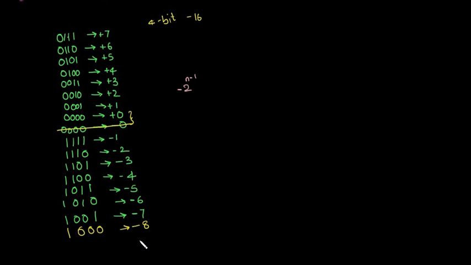So the negative range is -8, 2 power n minus 1 is 2 power 4 minus 1, that is minus 2 power 3 is -8, to the positive value, that is 7, that is 2 power n minus 1 minus 1. This is the positive value. This is the range of 2's complement values, minus 2 power n minus 1 to positive 2 power n minus 1 minus 1.